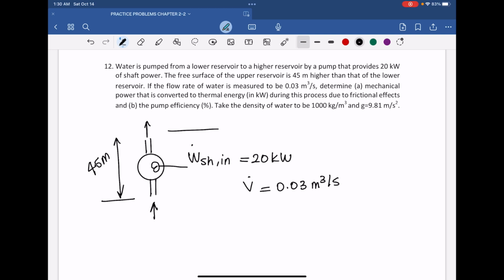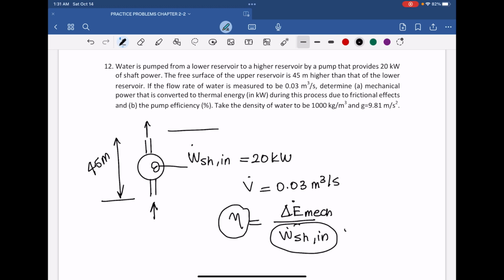Here, if you take a look at the efficiency equation for the pump, we know that it's not going to be 100% efficiency. What is getting into the pump is the shaft power, and what is getting out and changing is the mechanical energy. Now, first of all, in the second part they're asking us to find this efficiency, but they are giving us only this.